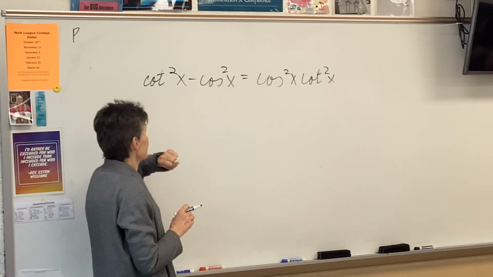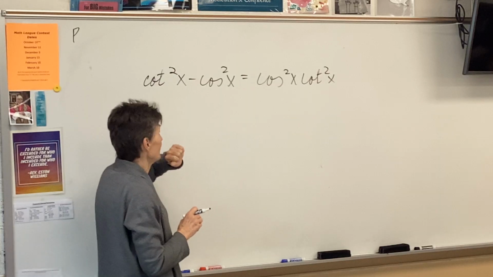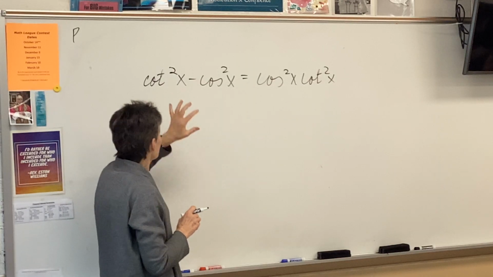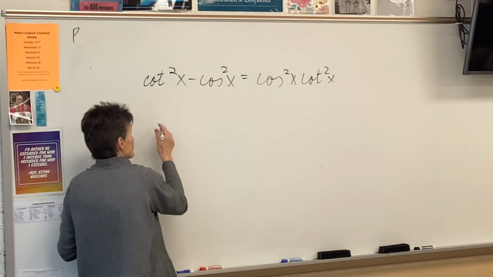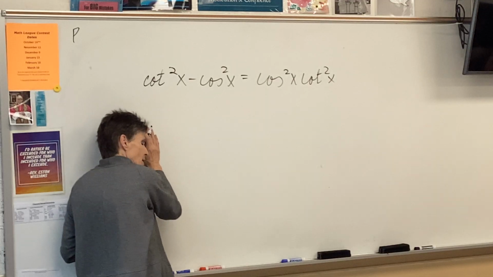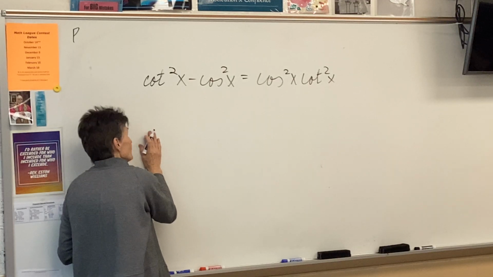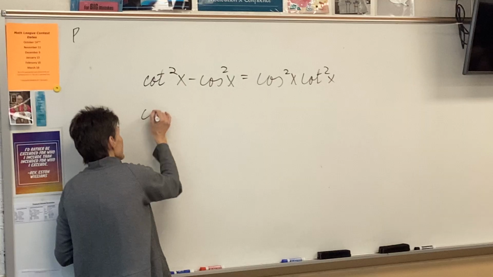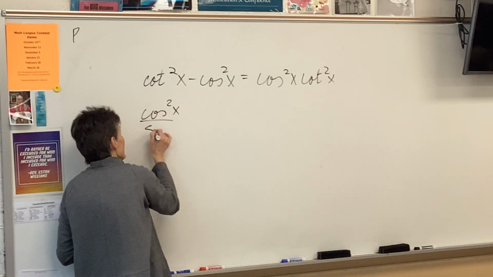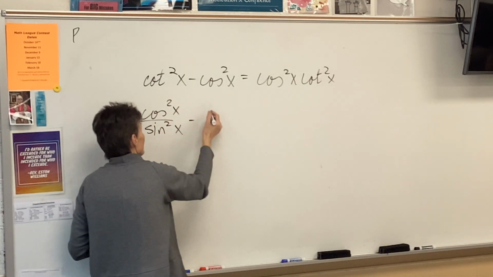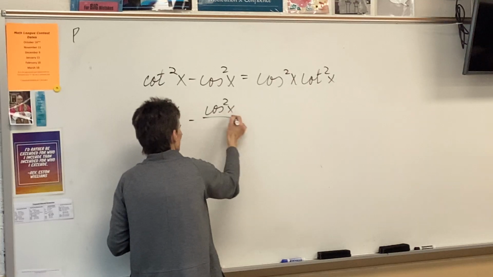While it might seem a little bit counterintuitive, I think I'm going to change cotangent squared into what? What can I change cotangent squared into? Cosine squared over sine squared. And this is just cosine squared over 1.